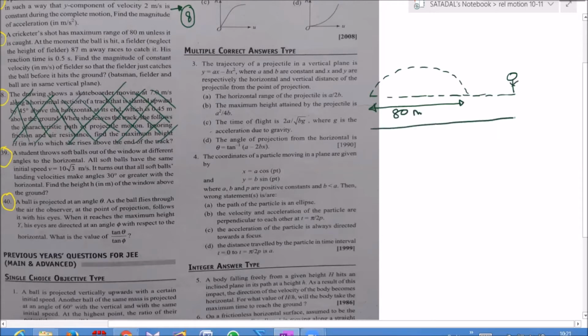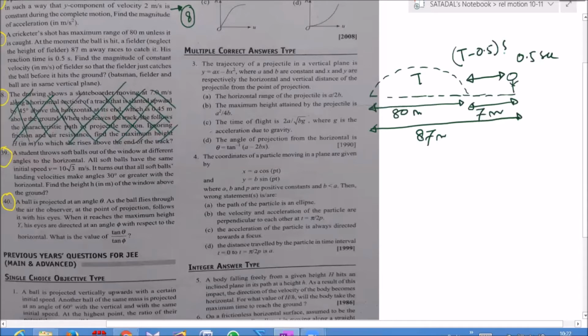The fielder is standing at a distance of 87 meter. So the balance distance the fielder has to cover to catch the ball is equal to 7 meter. If I take that the time of flight is t, his reaction time is 0.5 second. So he can cover this distance in t minus 0.5 second.